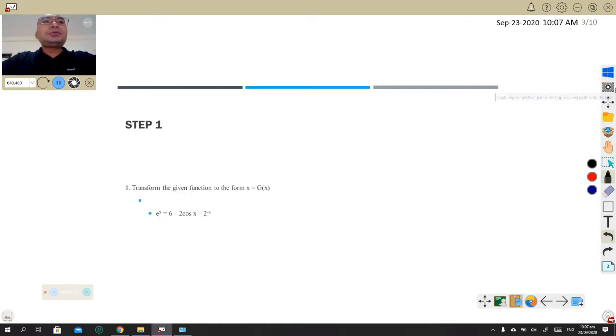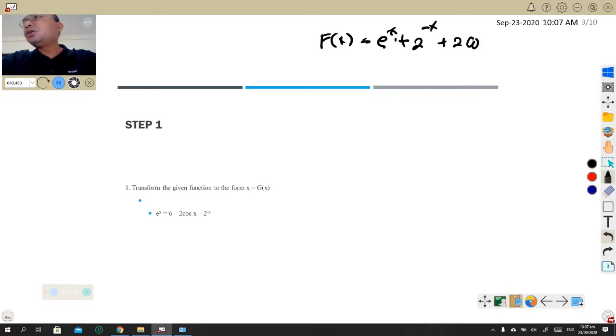To solve for the root of our given equation, let me just rewrite it: f of x equals e raised to x plus 2 raised to negative x plus 2 cosine x minus 6.